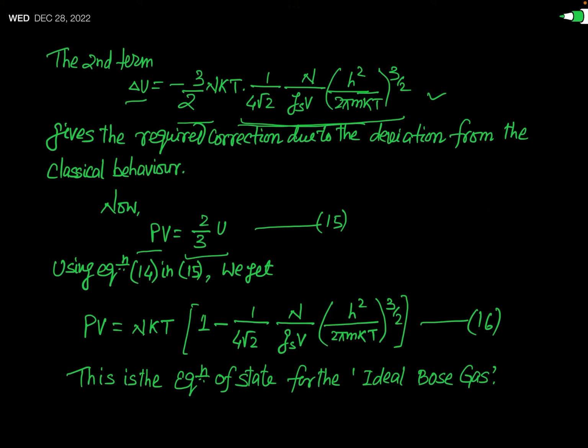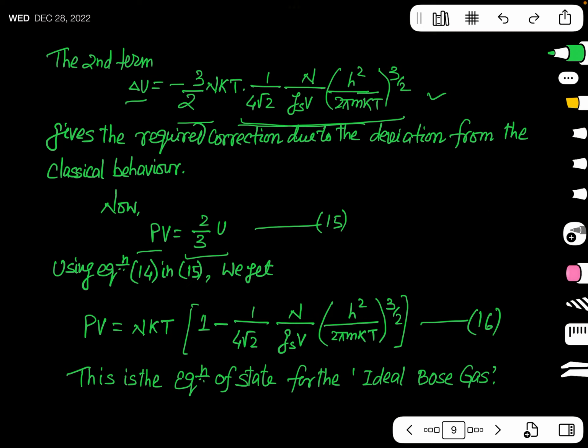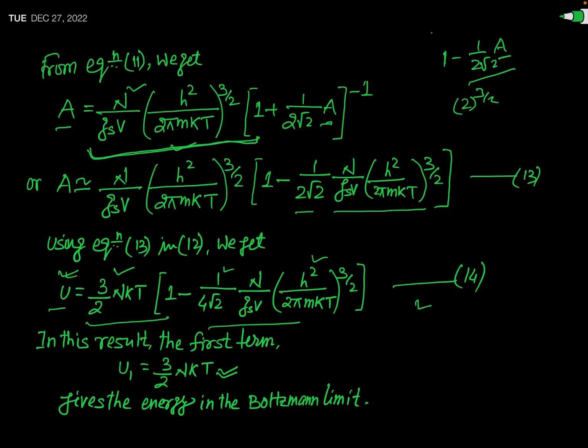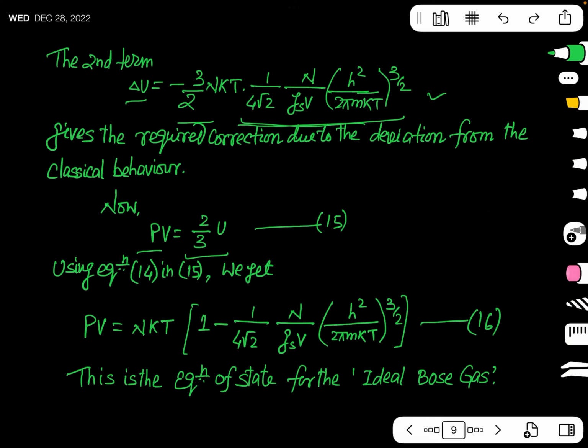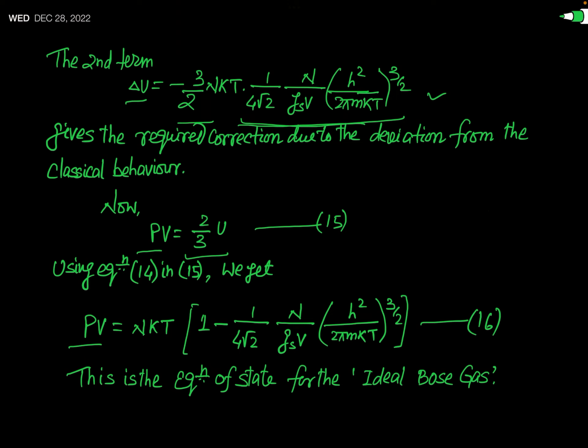Now, as you have obtained the expression for U for a Bose gas in equation 14, if you want to write the expression for PV, you will have to substitute this value of U there. So substituting that value of U, your result will be PV equal to nkt into 1 minus 1 over 4 root 2 into n by gs into v into h square by 2 pi mkt whole to the power 3 by 2.